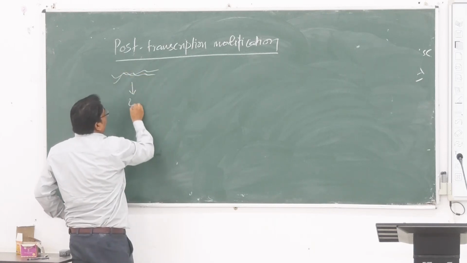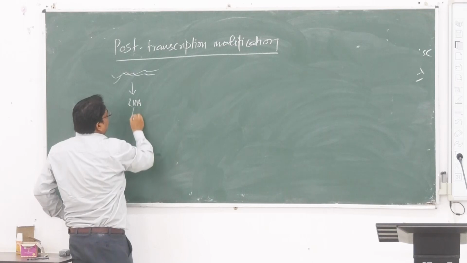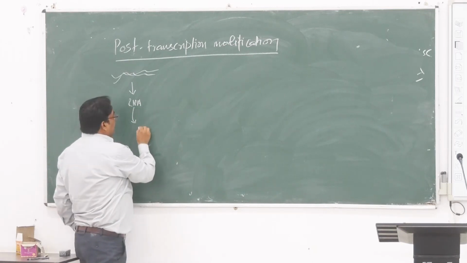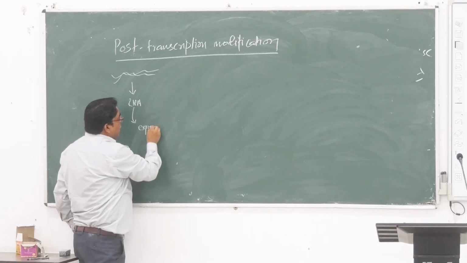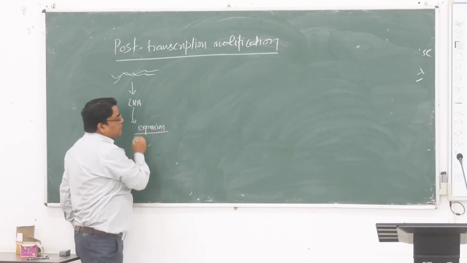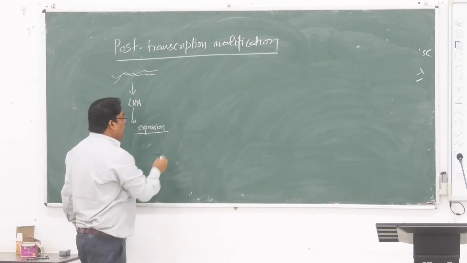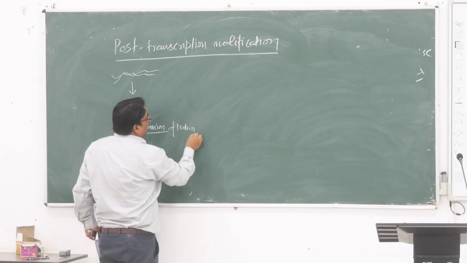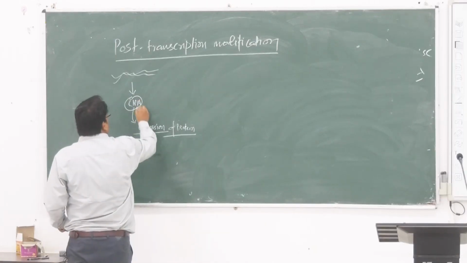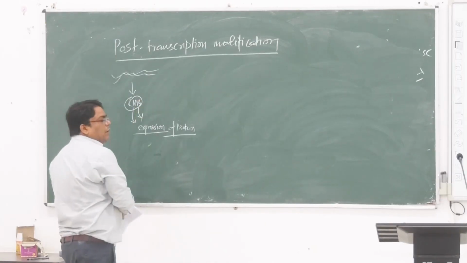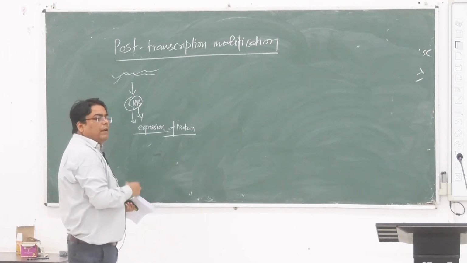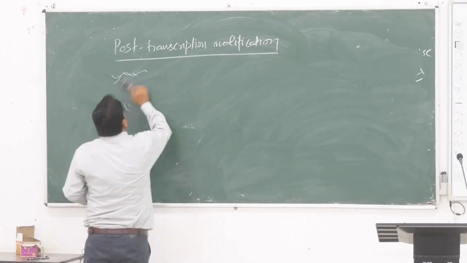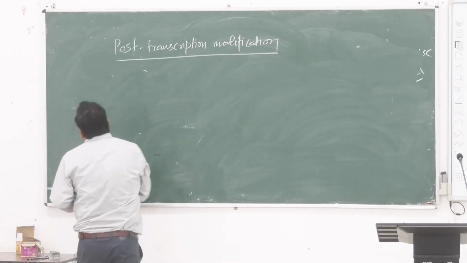Here RNA is formed from the DNA, and this RNA goes to the next step, translation, for expression of proteins. We call this process the central dogma. So after the formation of RNA, some modifications occur, which we call post-transcription modification. There are mainly four kinds of changes.